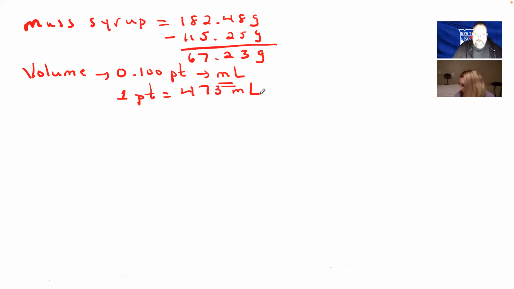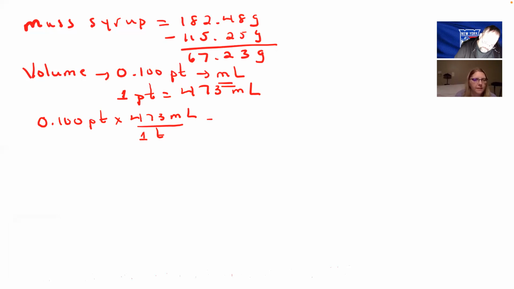Milliliters, okay. So we'll take the 0.100 pints, and we're going to multiply that by 473 milliliters over 1 pint.